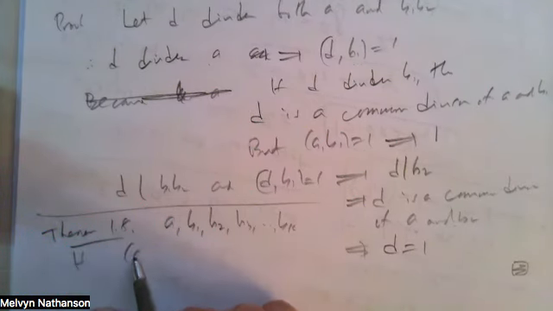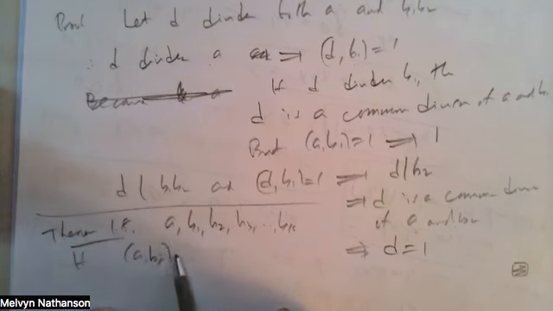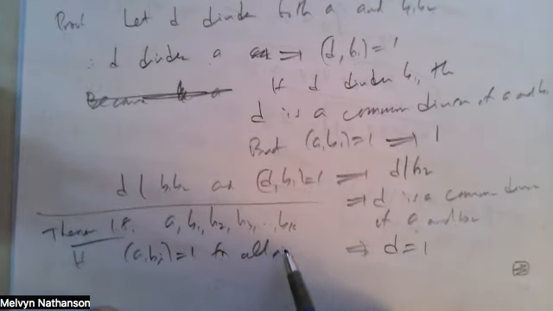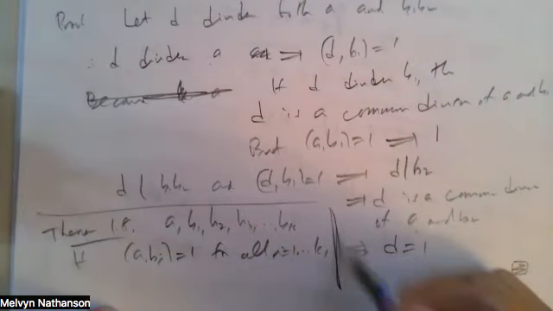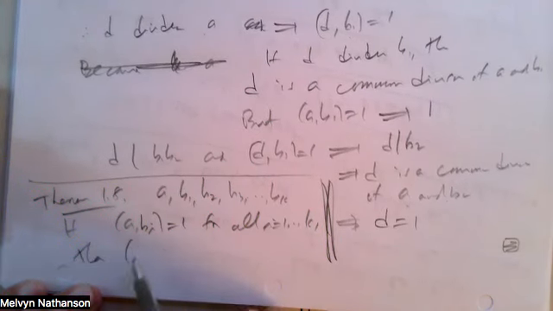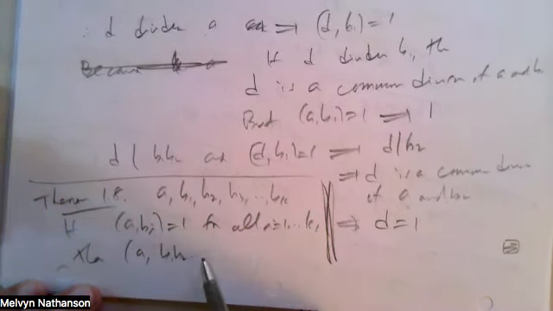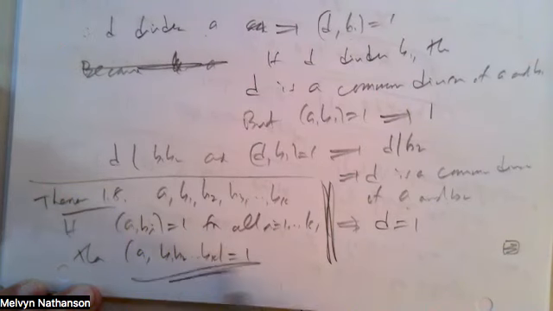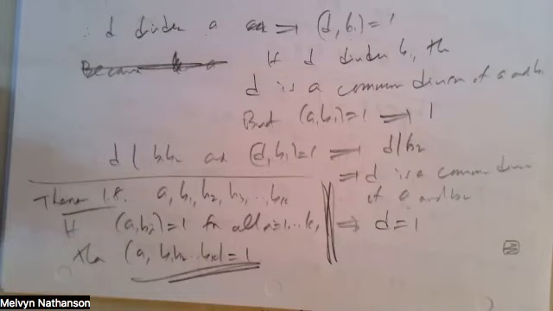If the greatest common divisor of A and B sub i is 1, for all i going from 1 up to k, that is, if A is relatively prime to each of these k integers, then A is relatively prime to the product B1 up to B sub k. So this is a consequence of Euclid's lemma. So if you have k integers and A is relatively prime to each of them, then the integer A is relatively prime to the product. So this is what I will prove on Wednesday.